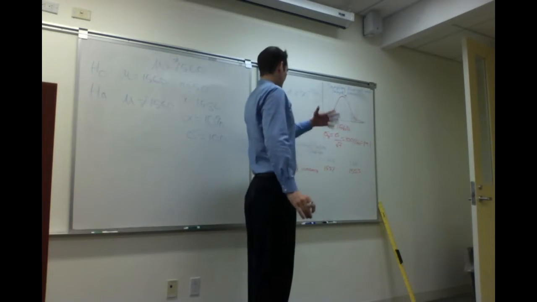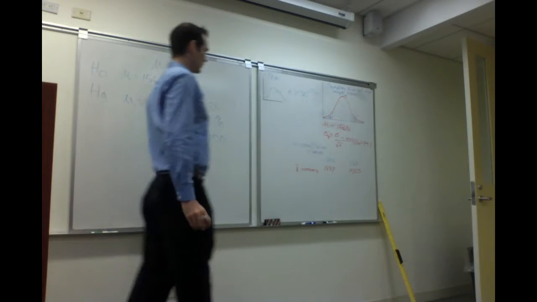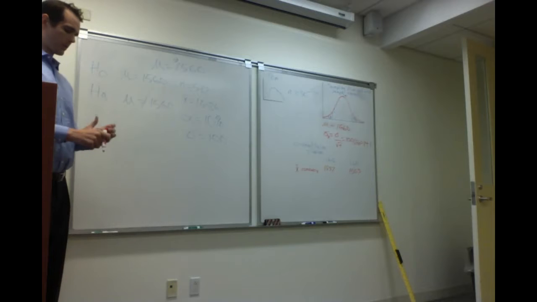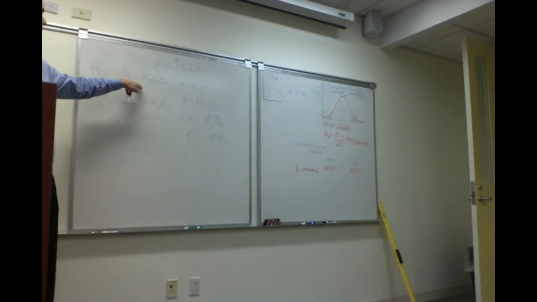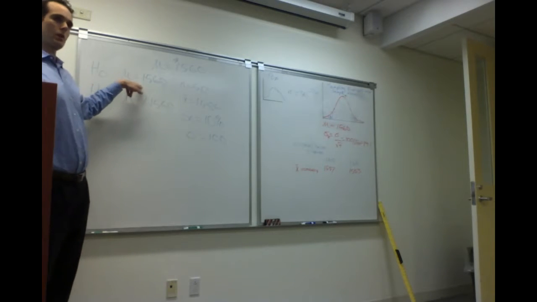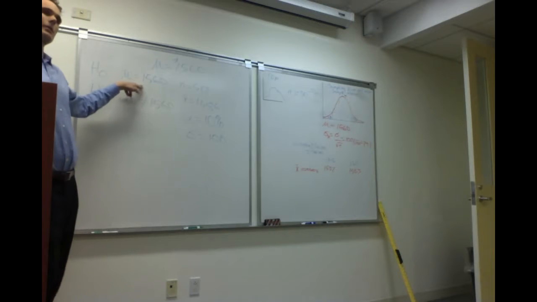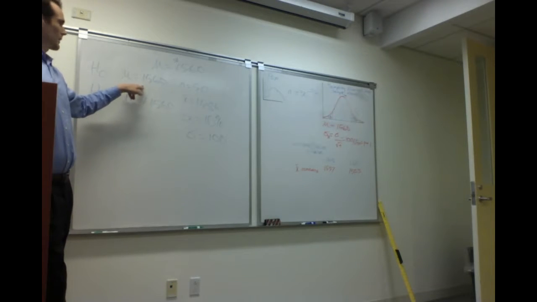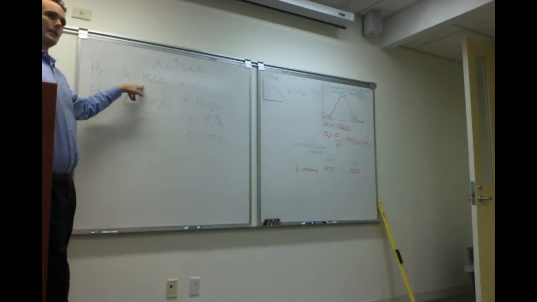So now let's take a step back and remember what we're doing. We're trying to determine whether or not we believe this realtor when she or he says the average rent in St. Louis is $1,560. We said, nah, I think you're trying to sell us something. I don't know where you're getting the data. I don't believe you. So I'm going to set up a hypothesis test.